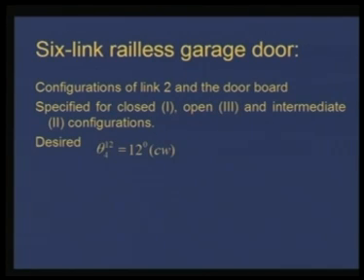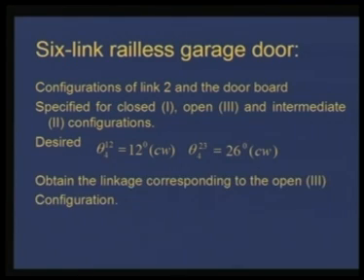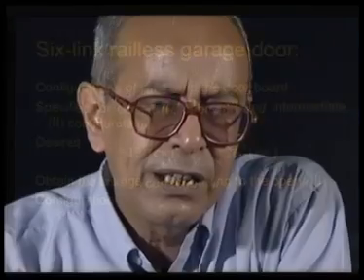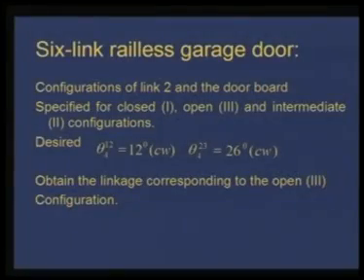It is desired that theta 4 1 2 is 12 degree clockwise and theta 4 2 3 is 26 degree clockwise. Our task is to obtain the complete linkage corresponding to the open configuration when the door board is parallel to the roof or horizontal. All other kinematic dimensions and the locations of the hinge points have to be determined for these 3 configurations.